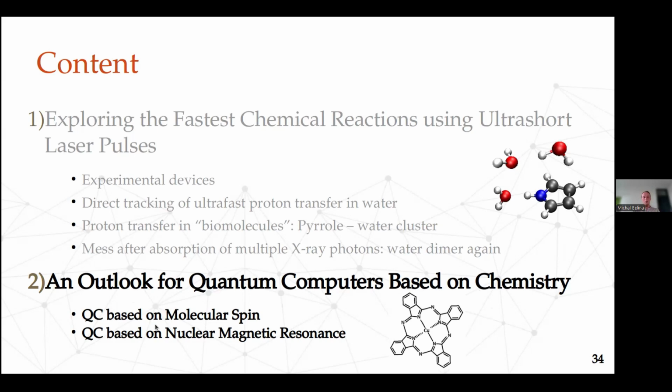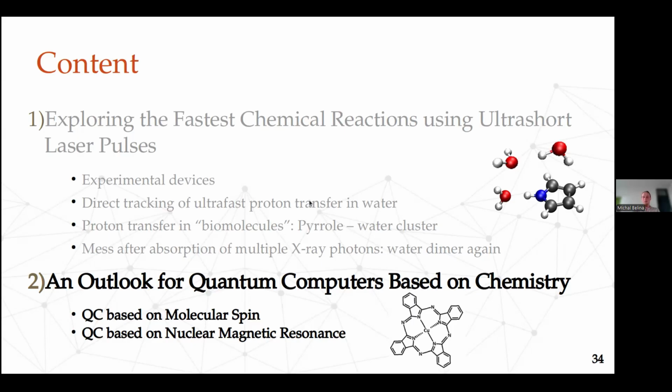I will be discussing molecular spin based architectures and nuclear magnetic resonance architectures. This part will be shorter than the first one, so don't worry.